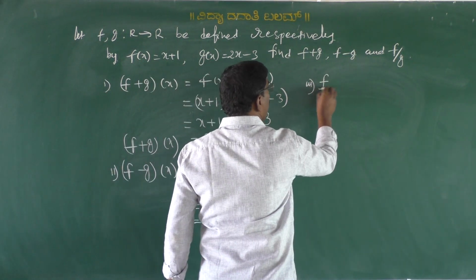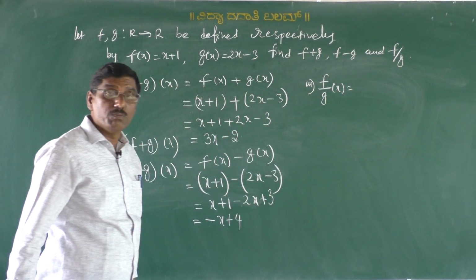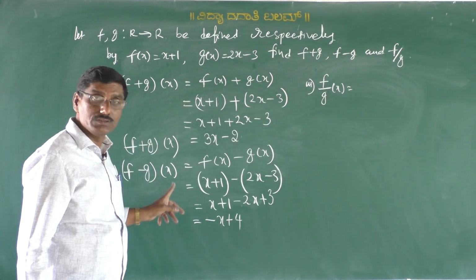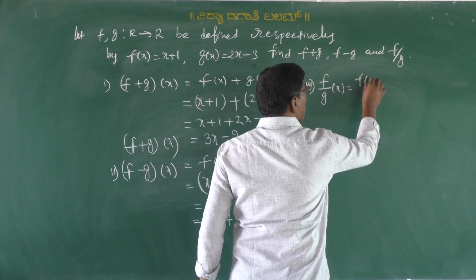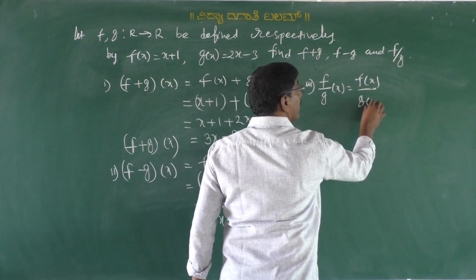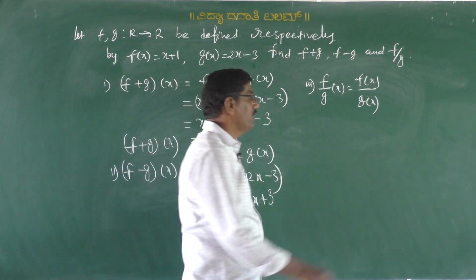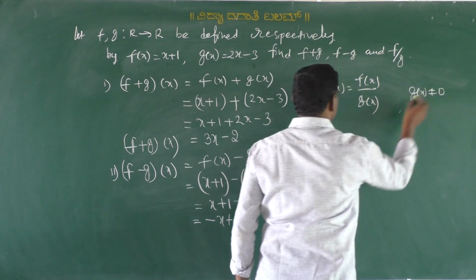The third one is f by g of x. This can be expressed as the algebra of quotient of two functions, after sum and difference of functions: f of x by g of x under the condition that g of x is not equal to 0.